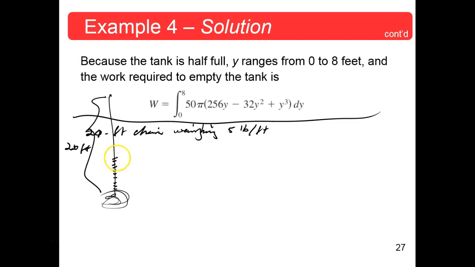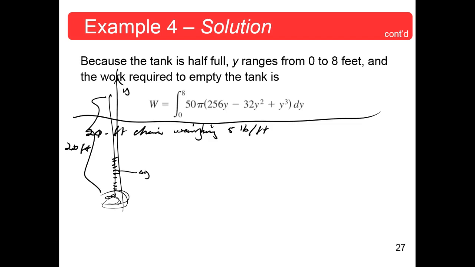So let's just take a representative length here. This is going to be a dy. They let y be the variable going up, which is pretty common. Y is going up, so the little incremental length here is a delta y.